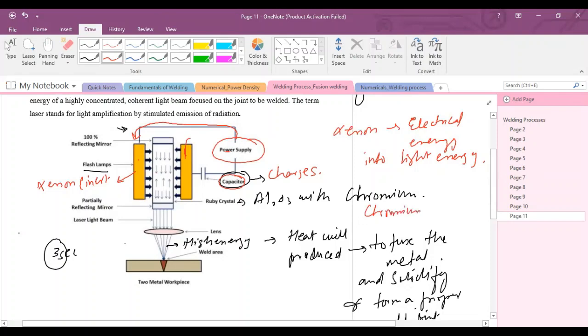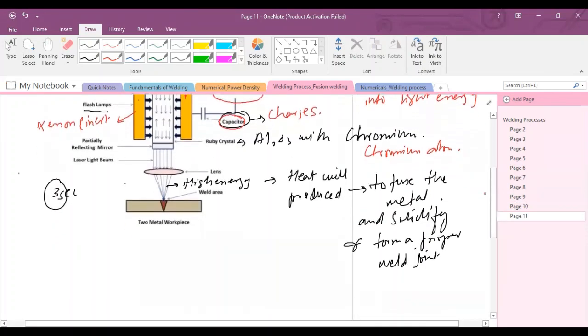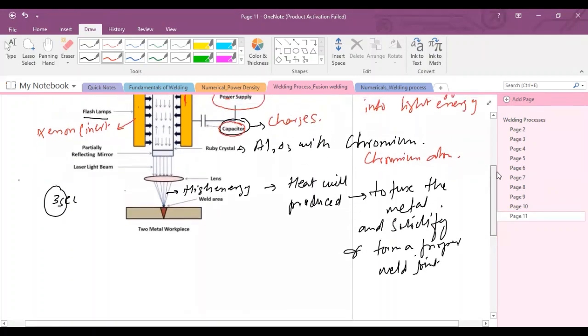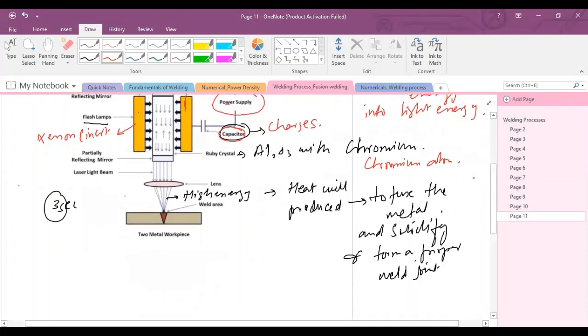When the chromium atoms absorb this energy, they get excited. Actually, what happens in laser beam welding and how the laser will form: light is made of energy packets. Light contains energy packets, and that energy packet is called a photon. These chromium atoms will absorb these photons.